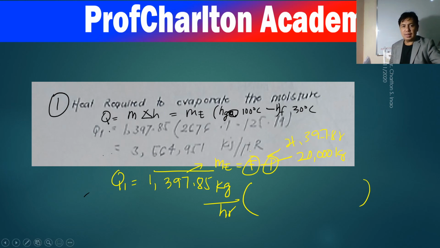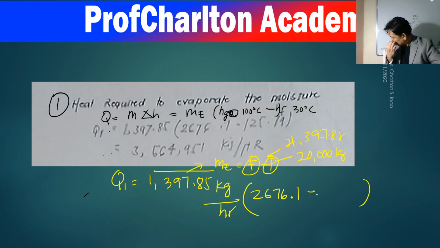First is the enthalpy of gas at 100. Why 100? Because 100 is the evaporating temperature, the boiling point of water. So it's 2676.1 minus the enthalpy of fluid at the saturated point, the initial temperature, which is 125.79. Yes.